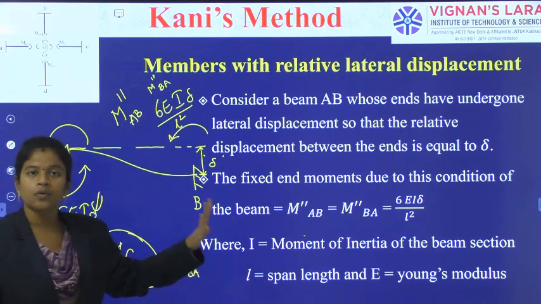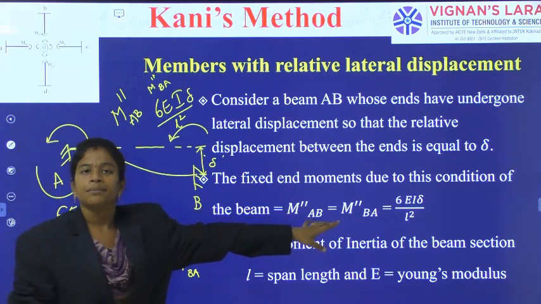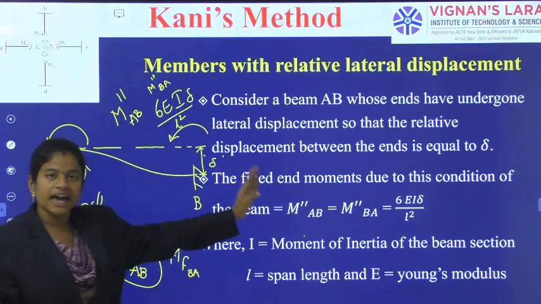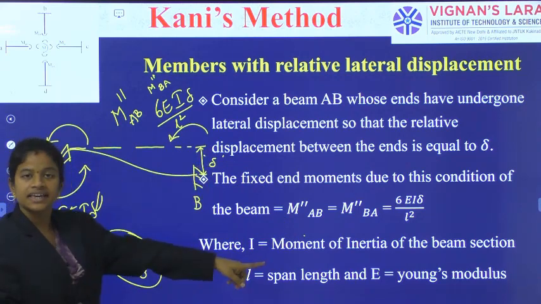So here I am indicating only the quantity. Why have I not mentioned the sign? Because based on the sinking I can write it, since this is the standard case and I know what the sinking is.